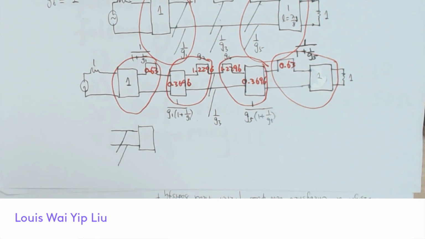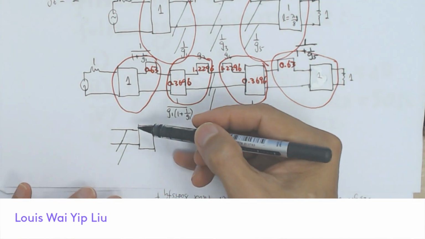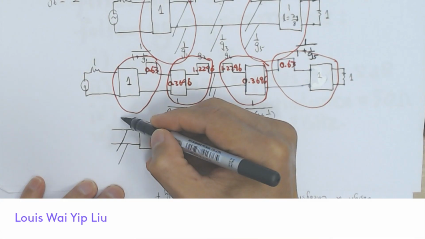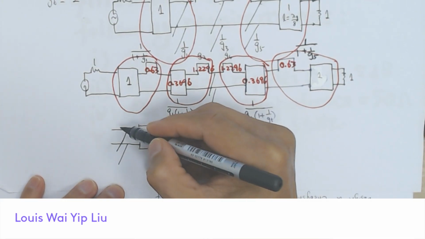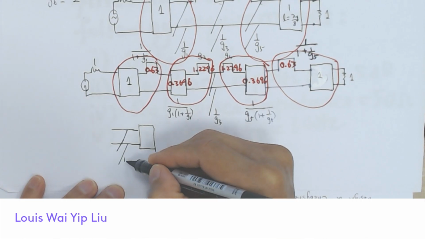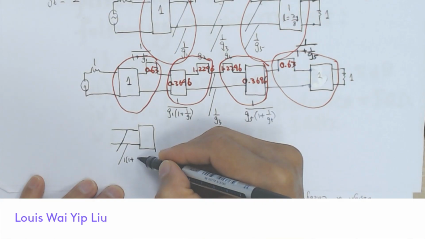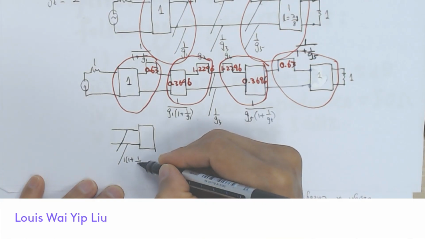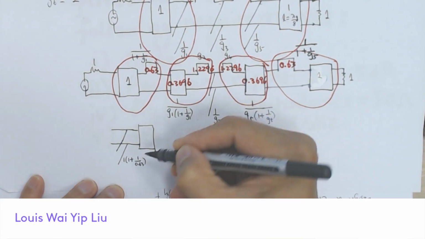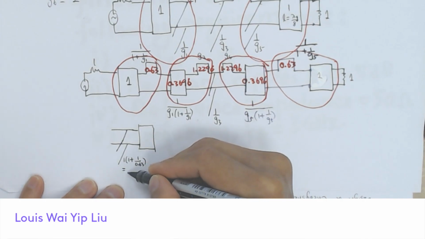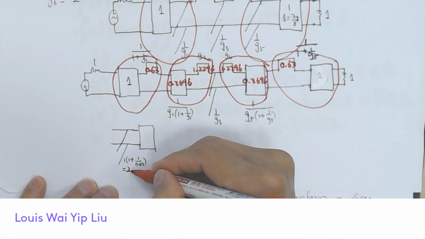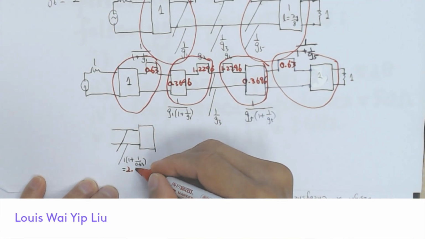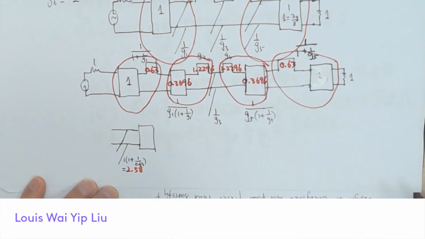So what we need to do is to use the same technique. Here, the characteristic impedance is 1 plus 1 divided by 60. So this will become 2.58.